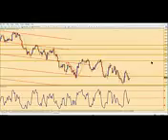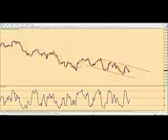Let's see if we can see any form of consistency or pattern here. Again, first thing to look for are channel type patterns, and there we are. We've got a very nice one there, in fact, and it is channeling downwards.